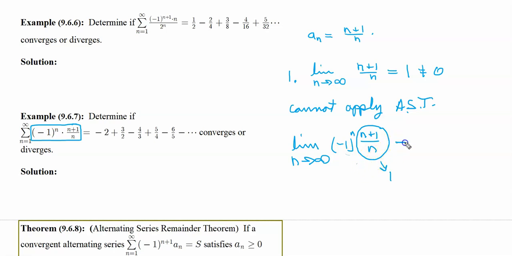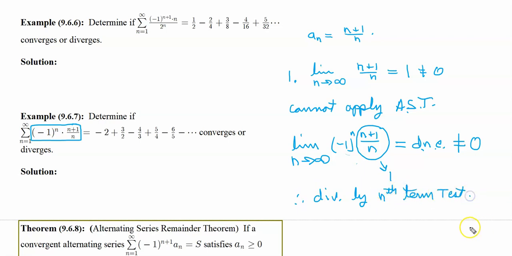So we see that this limit does not exist. And since it does not exist, it most certainly is not equal to 0. Therefore, this series diverges by the nth term test. And we are finished.